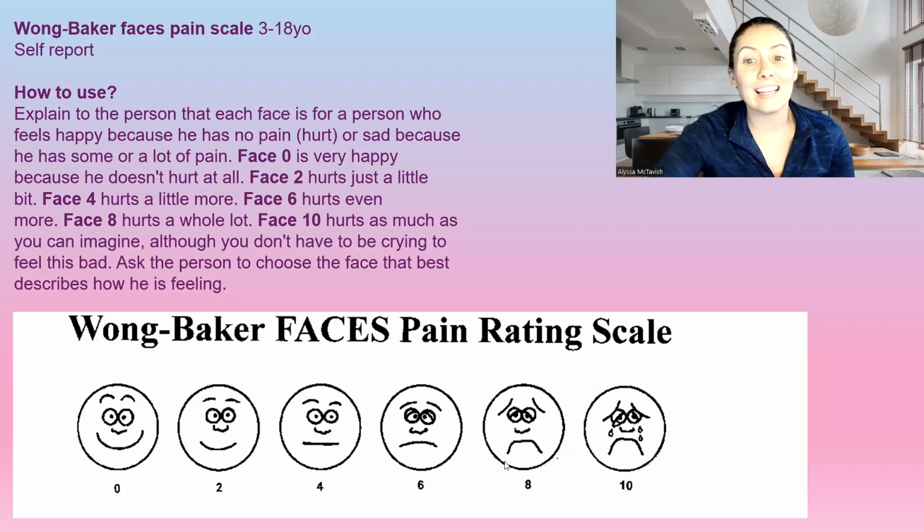And then 8, like it's hurting a lot. And then 10, it's the worst pain, and they could be crying. They don't have to be crying, but it feels really, really bad. Okay. So then they can pick which face best describes them.